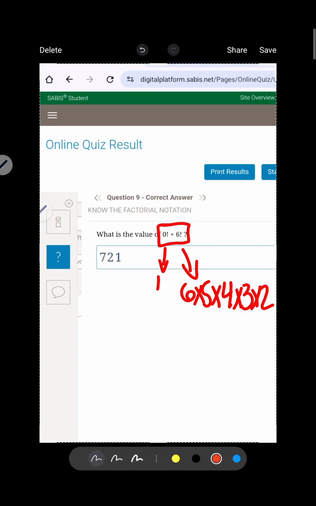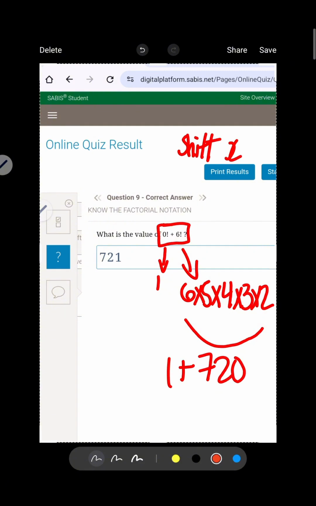You will get 720 for this. And then when you add plus 1, you could also do it on your calculator. Just put shift, x negative 1. When you do that, you will get 721. Just put 0 factorial plus 6 factorial.